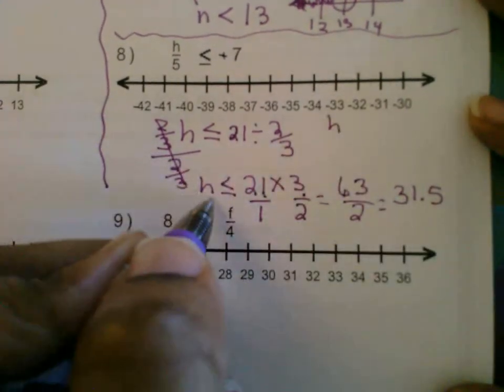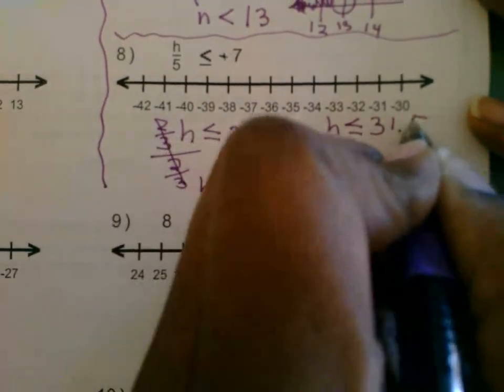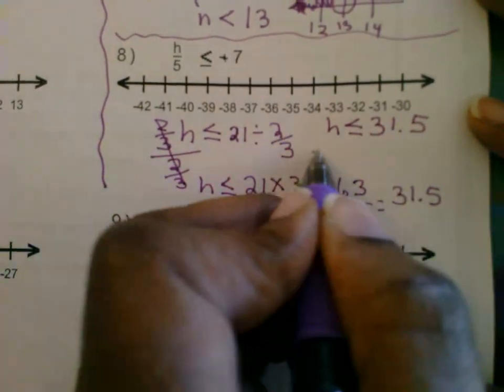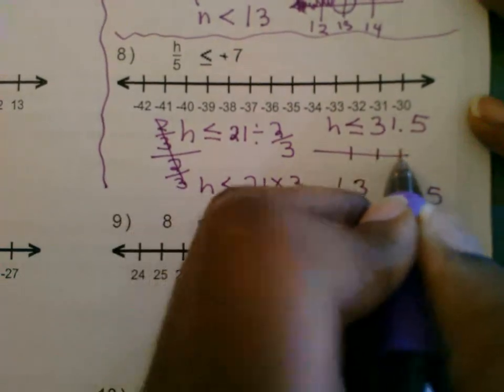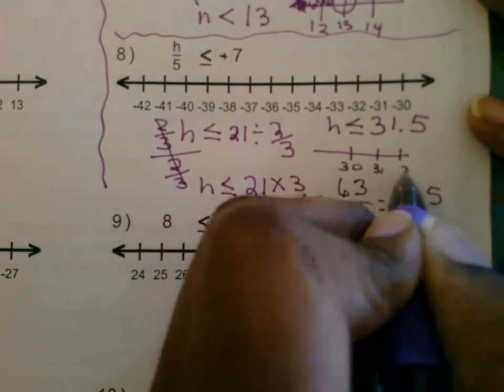So h is less than or equal to 31.5, which is going to be 30, 31, 32.